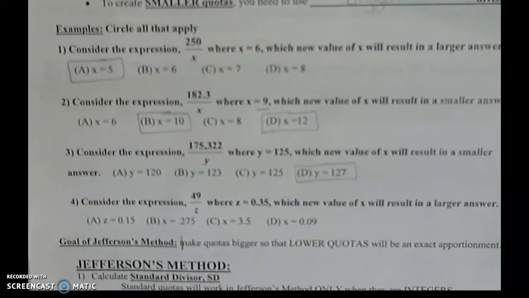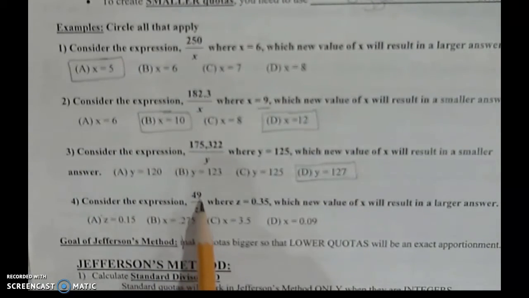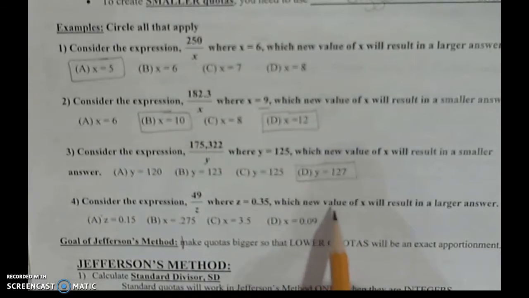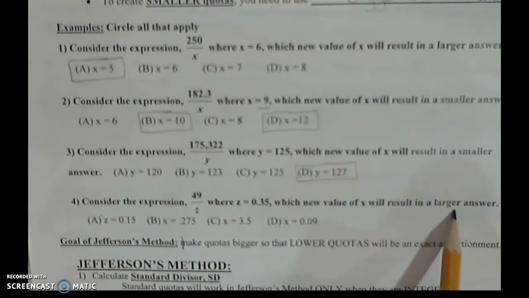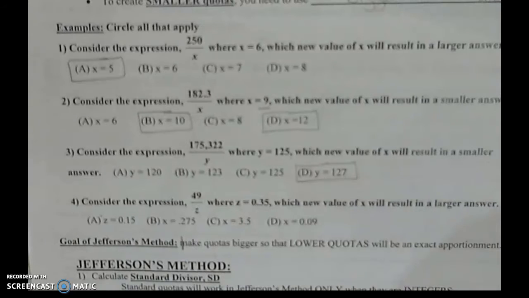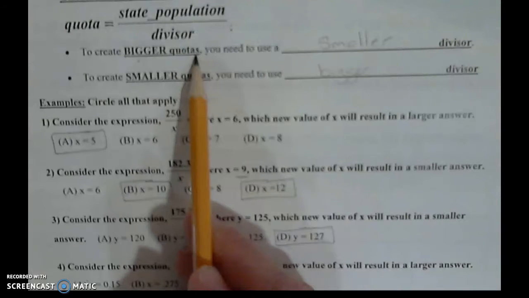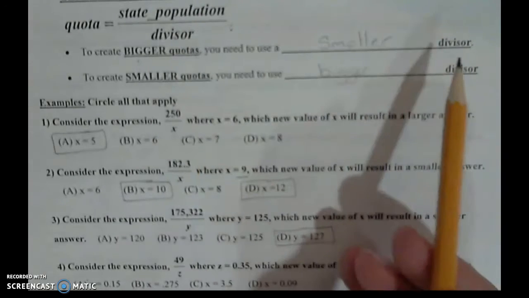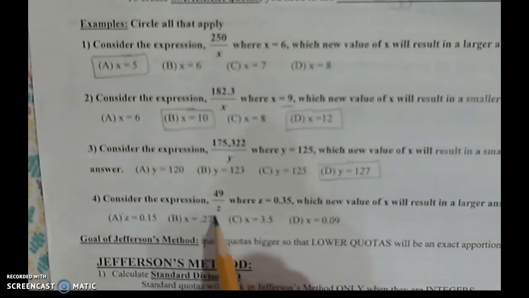And then last but not least, consider the expression 49 over z, where z is 0.35. Which new value of z will result in a larger answer? So what was it again? Bigger quotas, I need a smaller divisor. So z needs to be smaller than what it is.